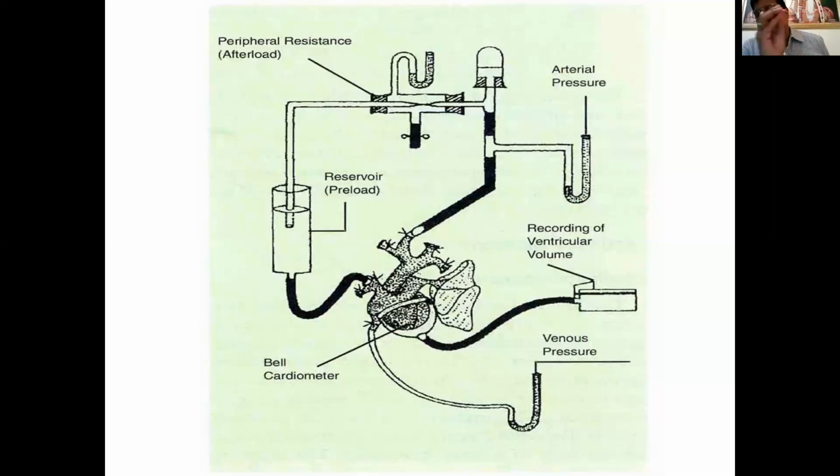Homometric regulation and heterometric regulation. Heterometric regulation is which law, Vinutna? Heterometric regulation is nothing but operation of Frank-Starling law, sir. Okay. Bhargavi, roll number 7. What is homometric regulation, otherwise also called as what state?